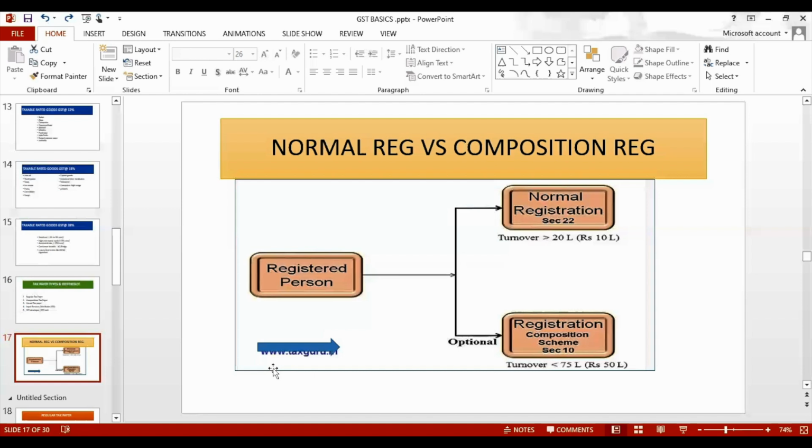A normal registered person can change from the composite scheme in any month of the financial year. But a composite scheme dealer can't change suddenly in any month. He has to wait till the end of the financial year, and only in the next financial year can he show up as a normal registered person.